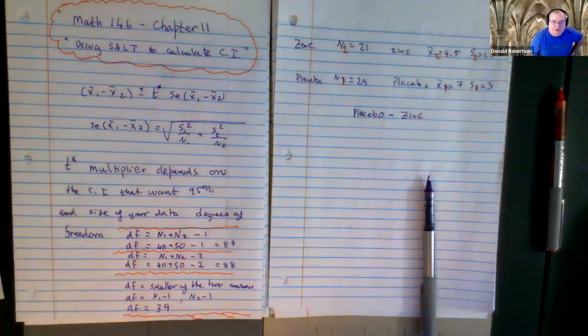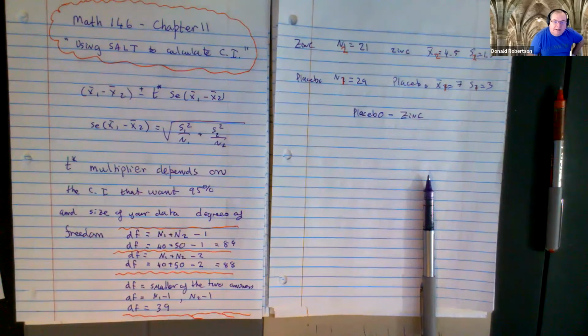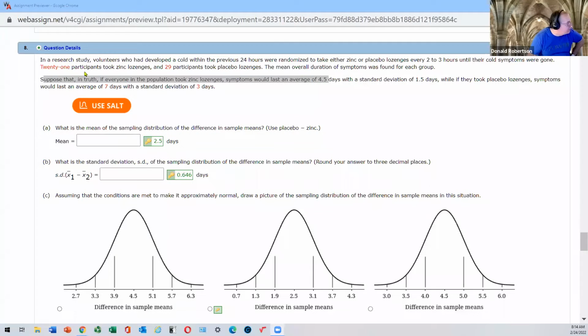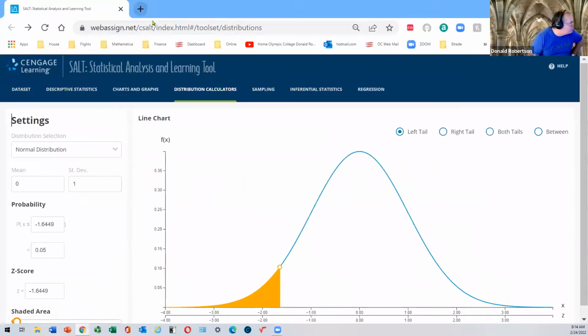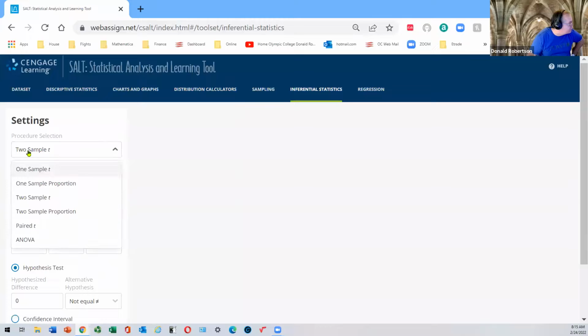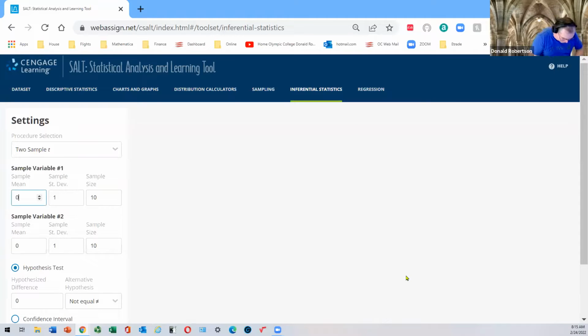Okay, now I've got the data. I'll go back and we'll let the software do everything else. So here we go. Inferential statistics, 2 sample. Sample 1 is the placebo people, so I'm going to put in the mean, and the mean for them was 7.